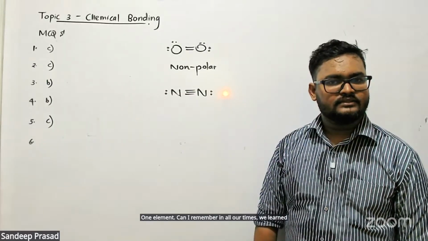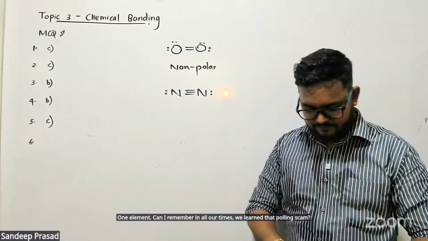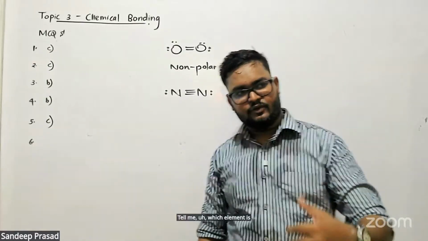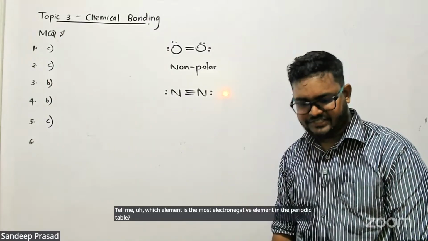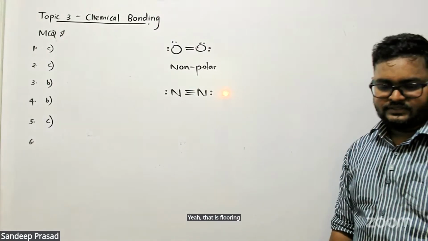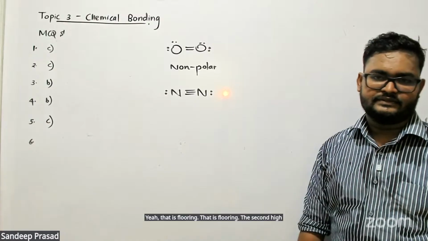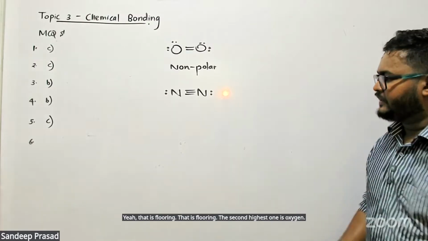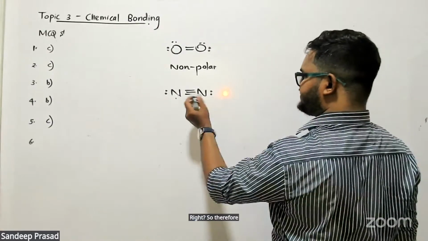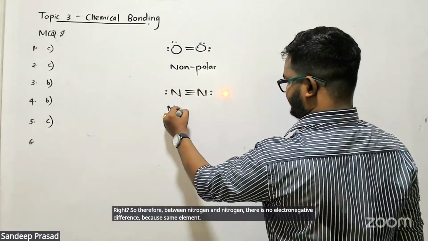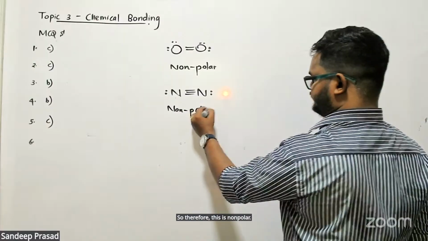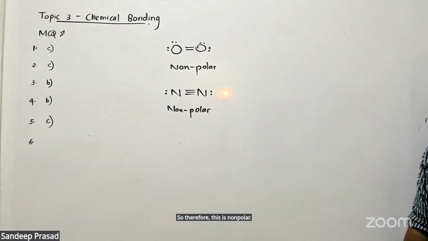Which element is the most electronegative in the periodic table? Yes, that is fluorine. The second highest one is oxygen. Between nitrogen and nitrogen, there is no electronegativity difference because it is the same element. So this is non-polar.